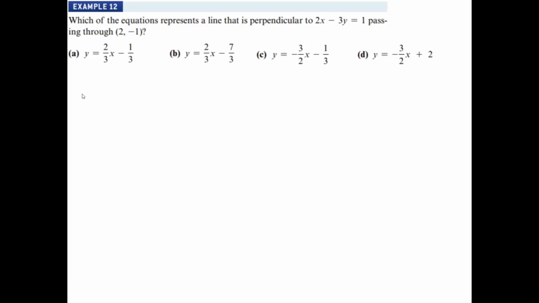Okay, so 2x minus 3y equals 1. So what I have, 3y equals minus 2x plus 1, right? y equals minus 2/3 x plus 1/3.